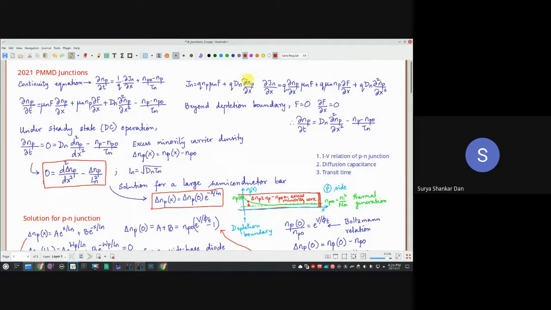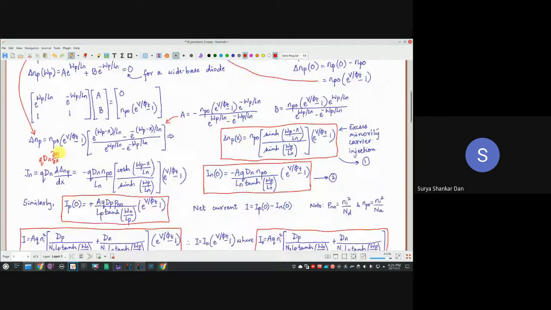Since del n, which is the injected minority carrier, is NP minus NPO, and NPO is a constant, if you put del NP del x, this is anyway going to be 0, because NPO is a constant only, generated through thermal variation.